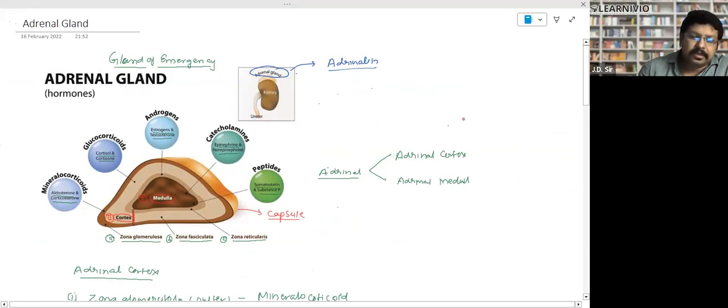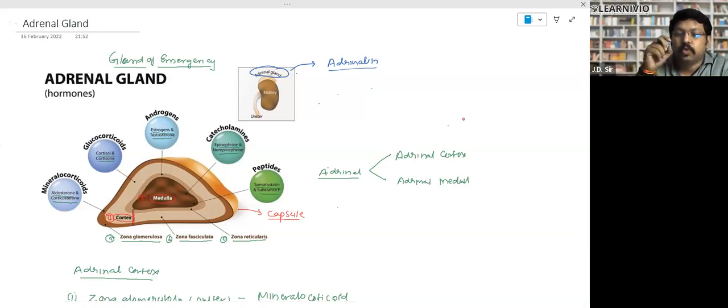The anatomy of the adrenal gland: we divide the adrenal gland into two layers, right? The outer part is a capsule, a protective brown-colored layer. After this capsule, we divide the adrenal gland into two parts: adrenal cortex and adrenal medulla. The cortex is the outer part and the medulla is the middle part.